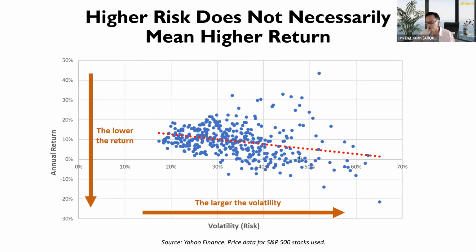For the bulk of the stocks, that is not the case. And if you try to fit a straight line through all these data points, what you see is in fact that higher volatility tends to be associated with lower annual returns, and not higher annual returns. So that is the first commonly misunderstood statement that people often make.